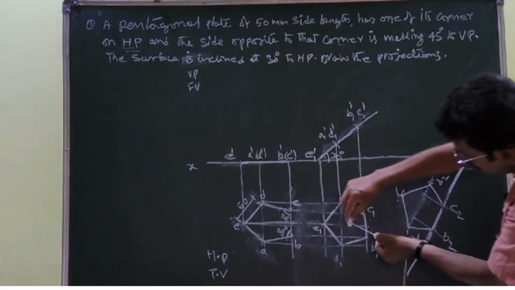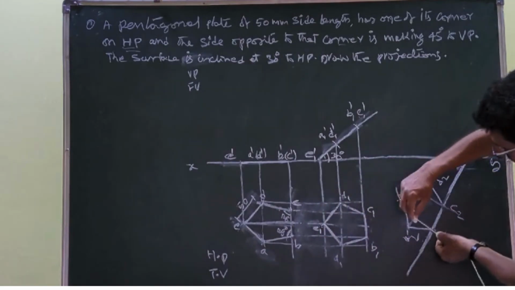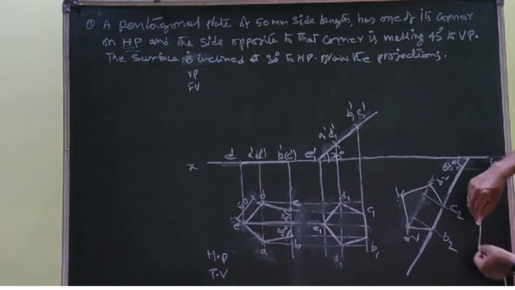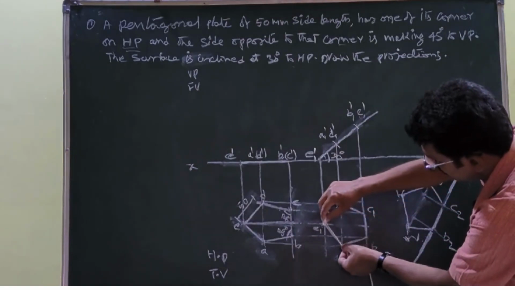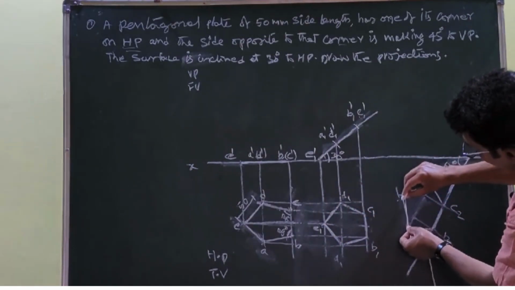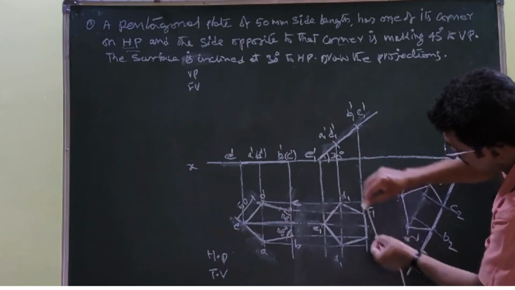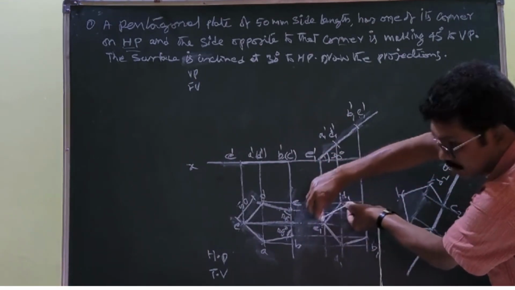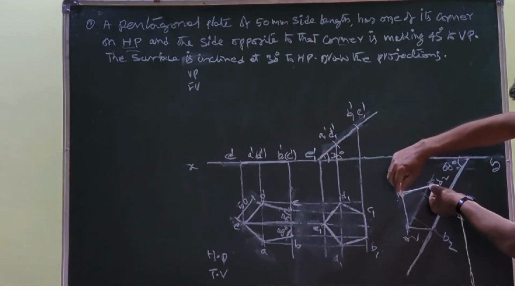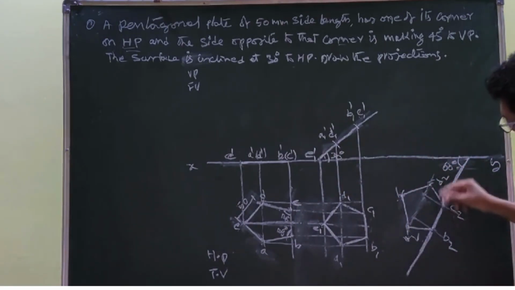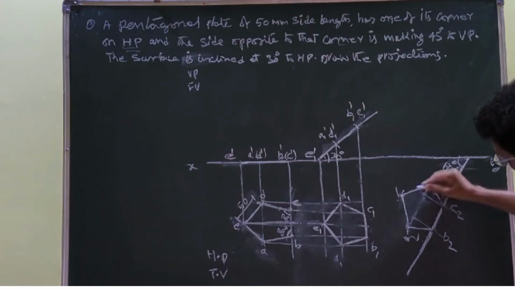At the same time B2 A2 radius, B2 as a center, you cut this line. Then A2 E1 as a radius, A2 as a center, you draw the arc like this, and D1 E1 radius, D2 as a center, you cut it here. Once they intersect here, then you join these points.